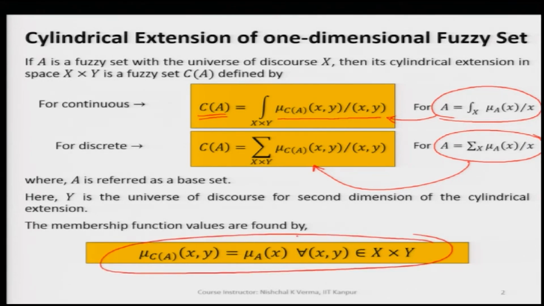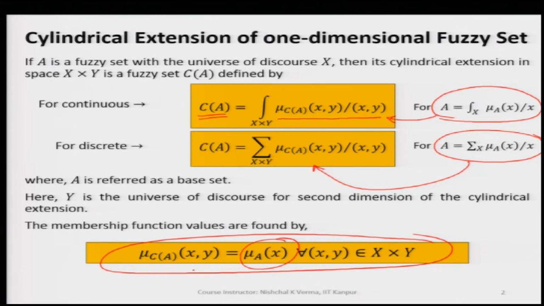What is happening here is that we take the original membership value, mu A of x, which was earlier in the generic variable space capital X, and this is going to be equal to the new membership value corresponding to the point x comma y.